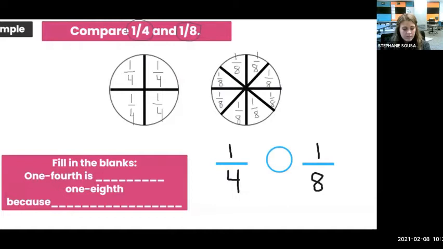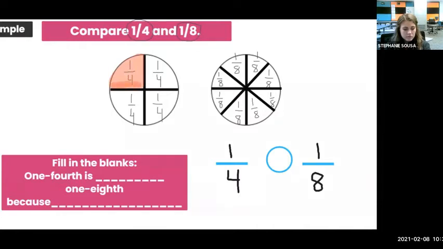After I label each part with the unit fraction, I can now shade my models to represent the given fraction. On the left, I'm comparing 1/4. I'm representing 1/4. So I will shade in one piece of the 4 pieces, or one part of the 4 parts.